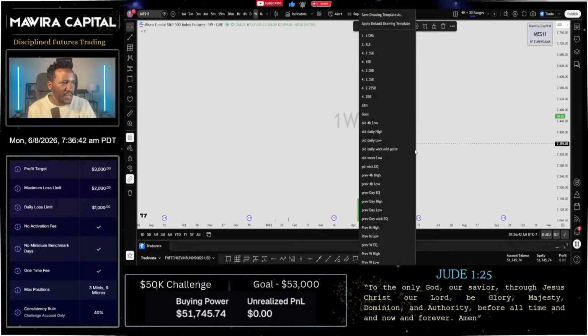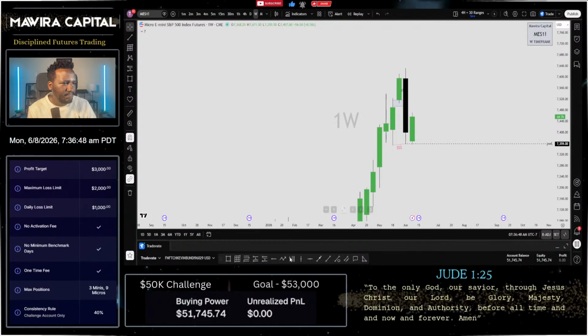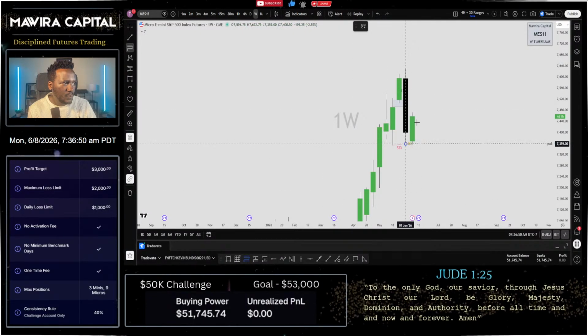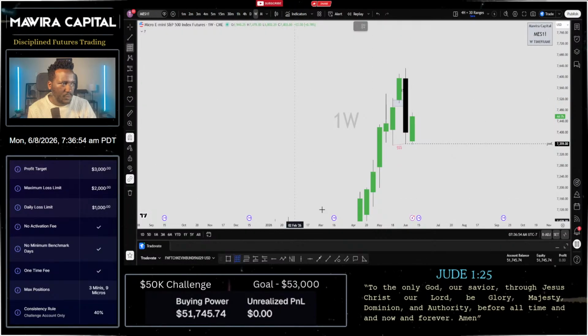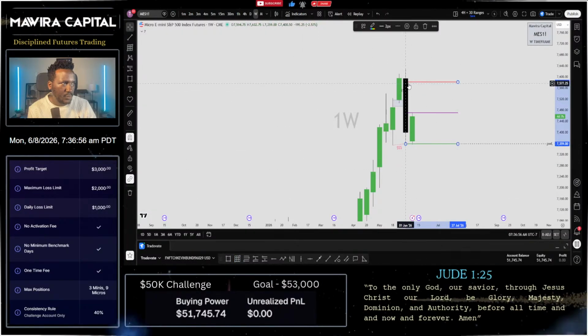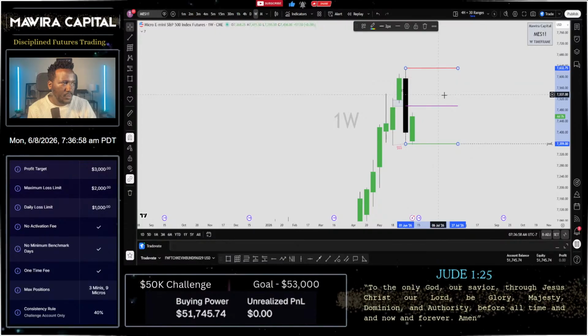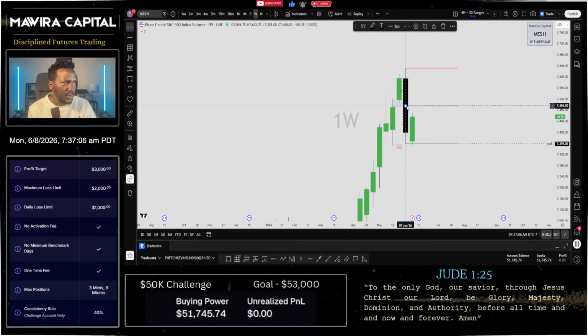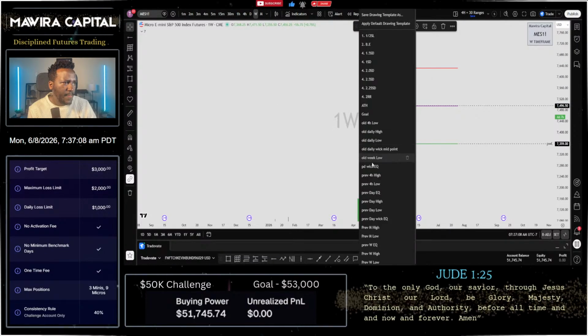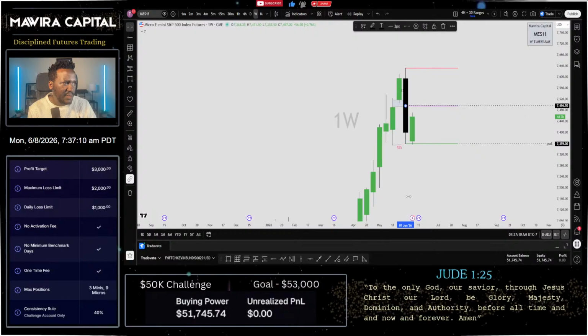Previous week low ES is taken, but I like the green to be up there. What am I looking for? The EQ level. Previous week EQ, did I have it?